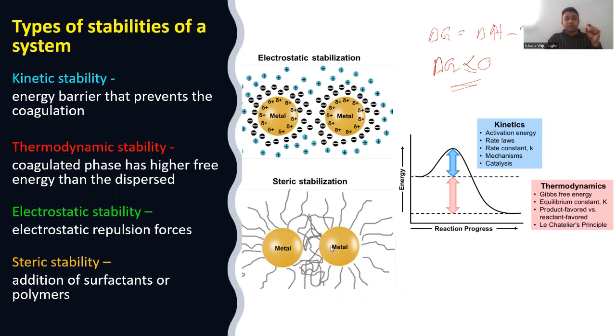So when these are there on the surface of these particles, can they easily merge because of these entanglements and barriers? They cannot, right? That is called steric stability of an emulsion or whatever system, right? Then how many stabilities in a system? Kinetic, thermodynamic, electrostatic, and steric.